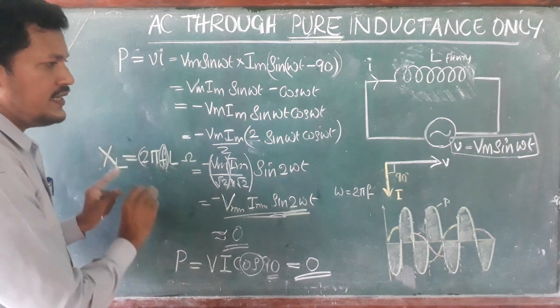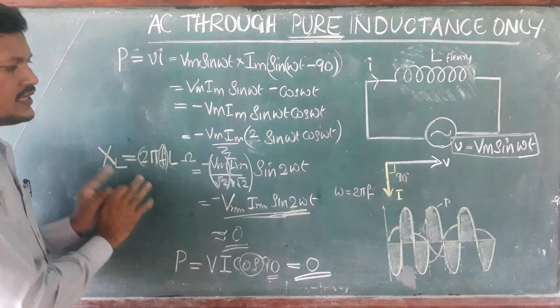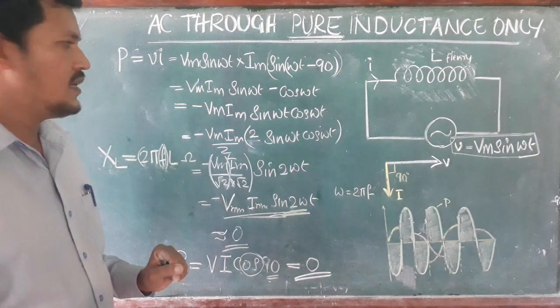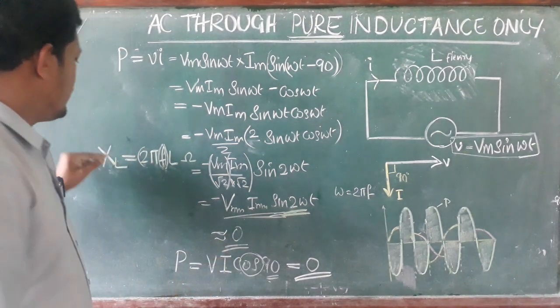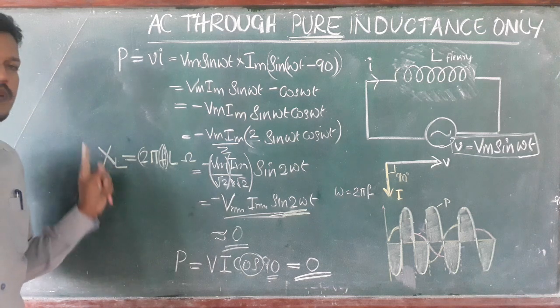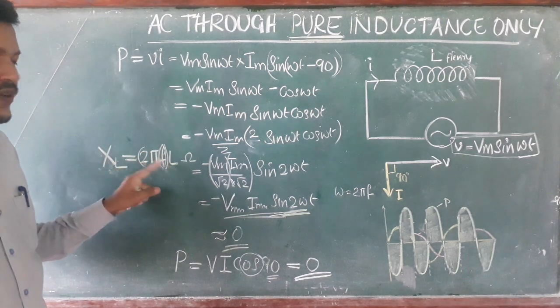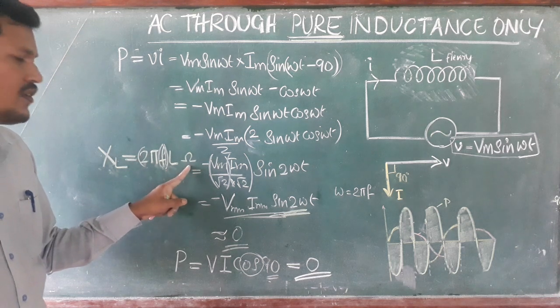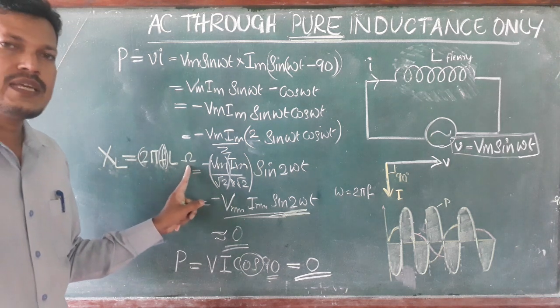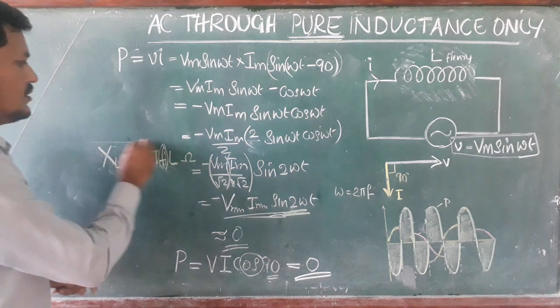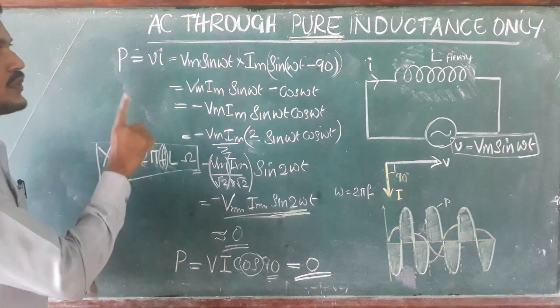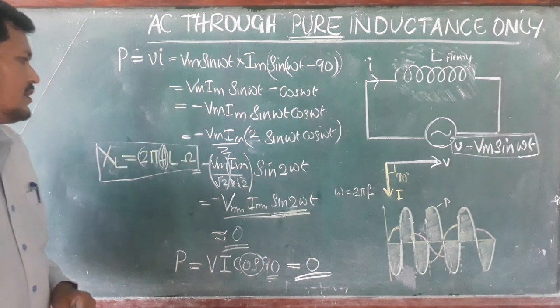So all the inductive characteristics come in AC only. Very important. So inductive reactance is the opposition to alternating current, with value XL equal to 2 pi fL or omega L, the opposition offered to the flow of AC current. Clear? So this is AC through a pure inductance only.